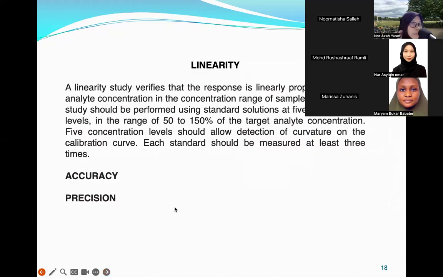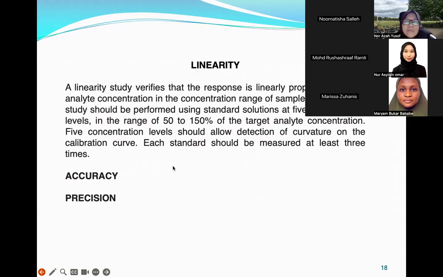Let's look at another, linearity. When we measure, we will have to do a calibration plot. Don't worry, this is just to introduce the word. We will learn about the calibration plot, regression, and all those. A linearity study verifies that the response is linearly proportional to the analyte concentration. In analytical chemistry we usually construct calibration plots because we need a linear response to the analyte concentration.